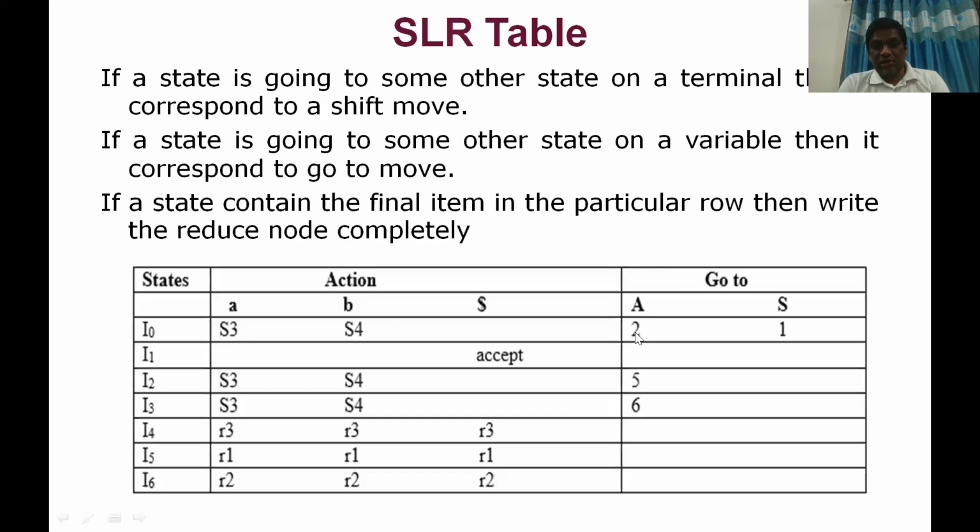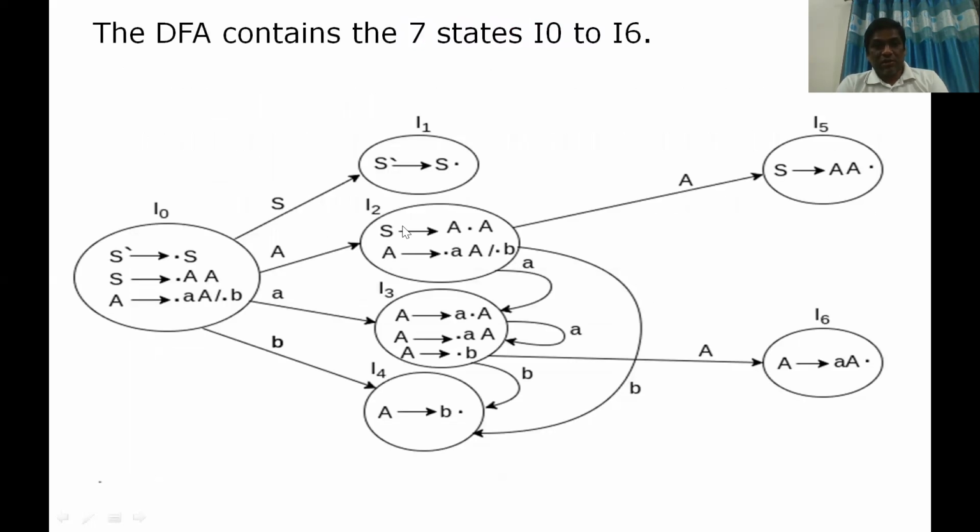Similarly, what are the other variables? On the arrows, just look for the arrows with variables. Two more are there. I2 on capital A is going to I5, so I2 on capital A is 5.